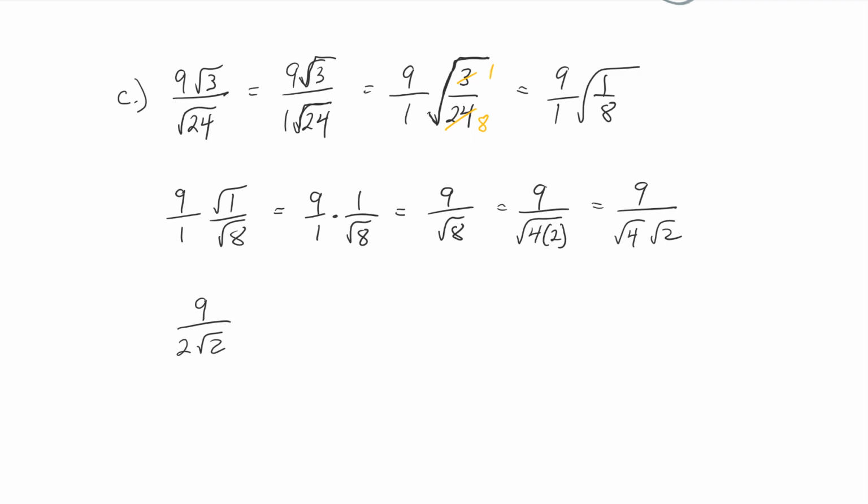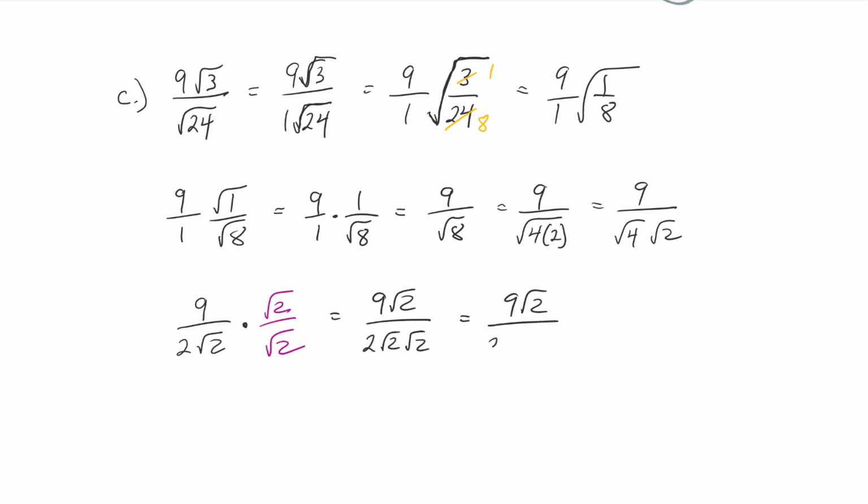But even though we simplified the principal square root of 8, it still left a radical in the denominator. So we've got to get rid of it. So we're going to multiply by principal square root of 2 over principal square root of 2. We'll do top times top, and then bottom times bottom.